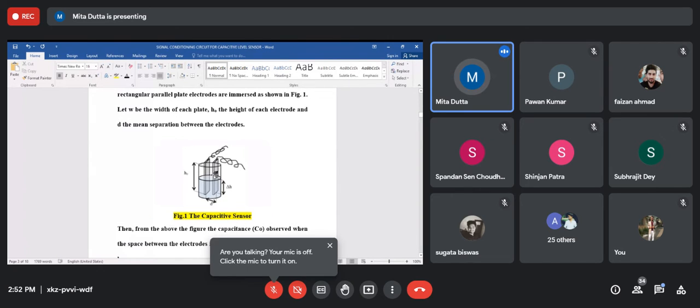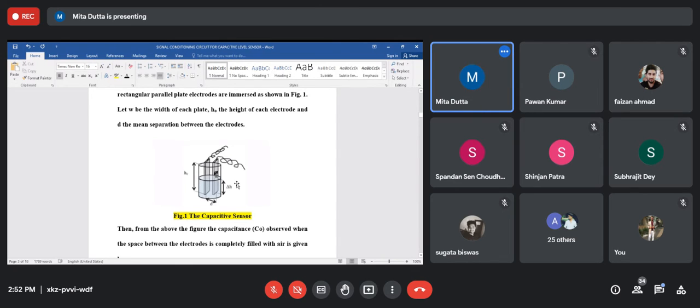This is the W, and H0 is the height of the plate or the electrode, and D is the separation between the two plates. Now, when there is no liquid or fluid inside the tank, what will be the capacitance? Tell me.